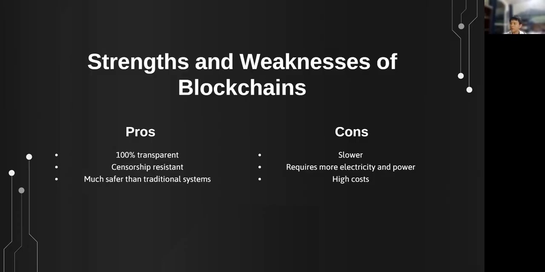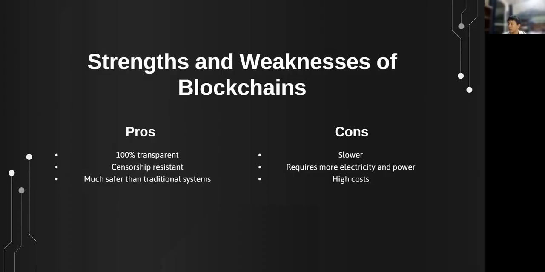Of course, those benefits come with cons. The main downsides of blockchains are, number one, they are slower, because of the algorithm they have to run to process and verify the transactions.